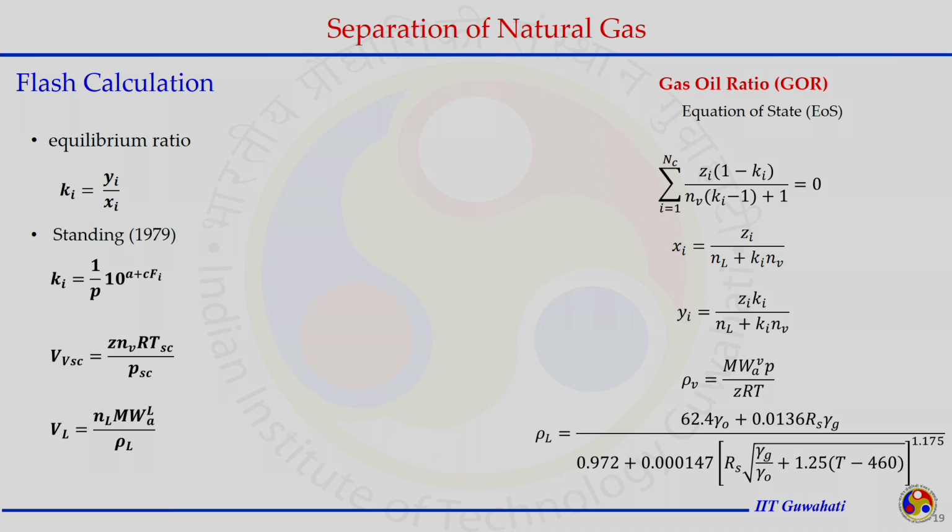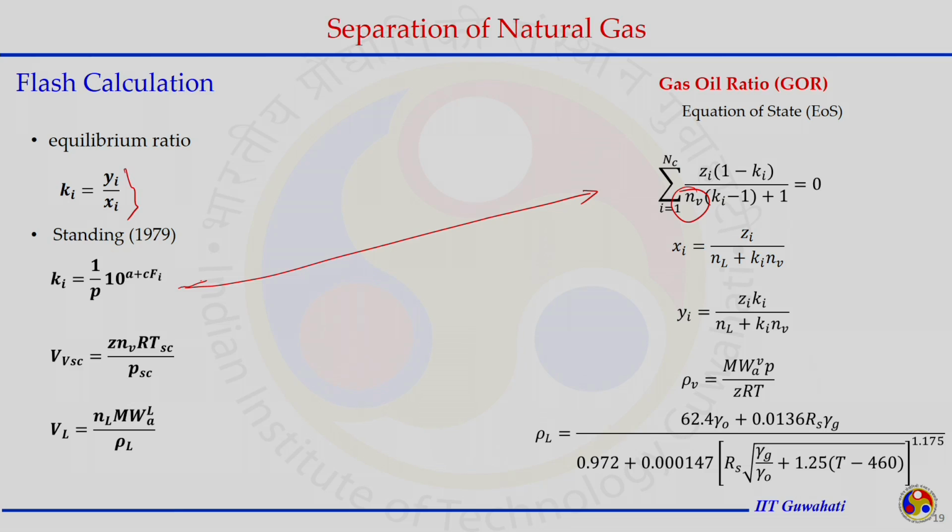So, in summary, flash calculation is based on equilibrium, which says the equilibrium ratio Ki is the ratio of Yi by Xi. Standing gave us a set of expressions that allow us to calculate the value of Ki at a particular temperature and pressure, and once we calculate this Ki, we can use this expression, performing the iteration on Nv to get the value of Nv.